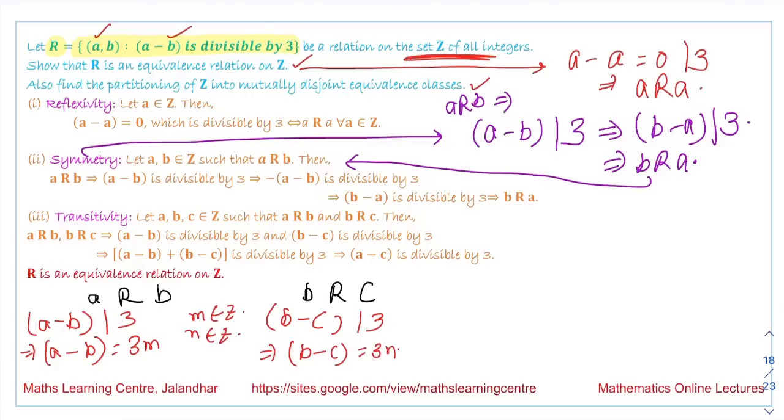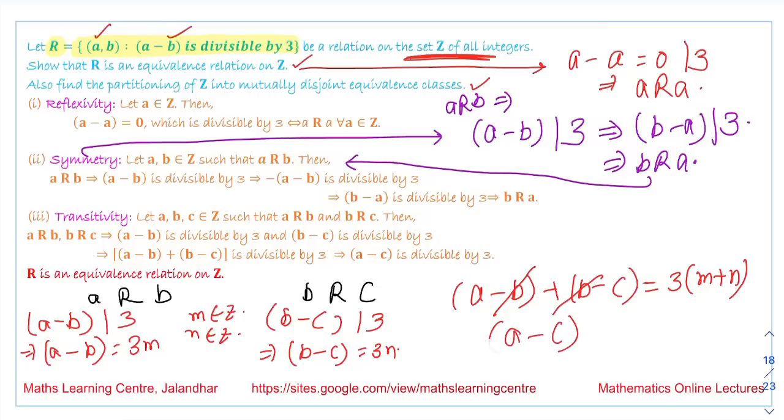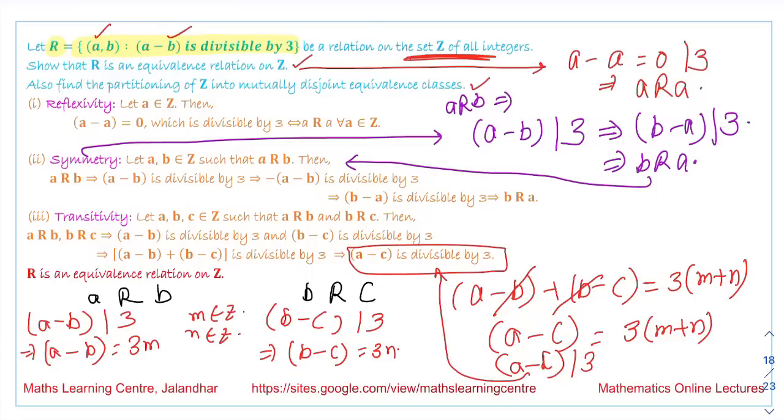Now if we add these two equations, we get a minus b plus b minus c equal to 3 times m plus n. These two get cancelled, so we are left with a minus c equal to 3 times m plus n. So a minus c is divisible by 3. So we have proved that this relation is reflexive, symmetric and transitive. So it is an equivalence relation.